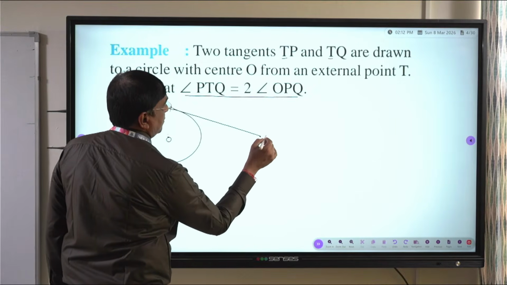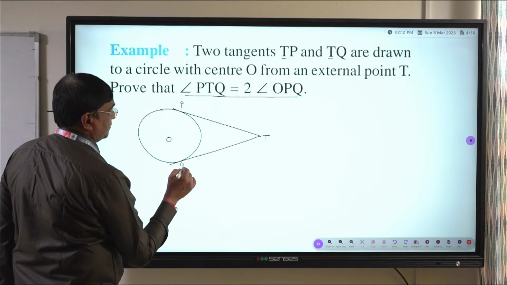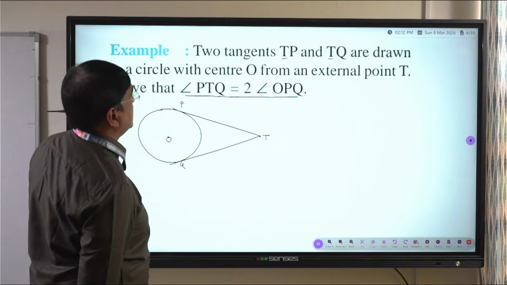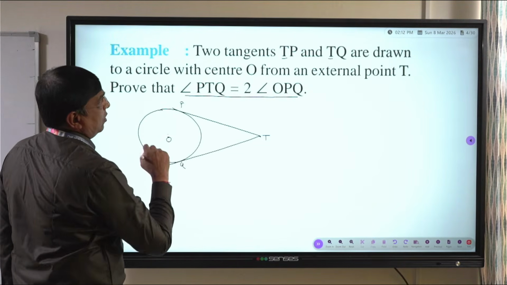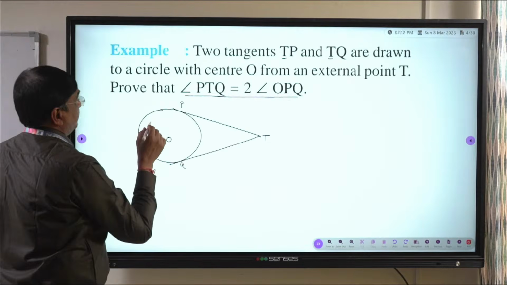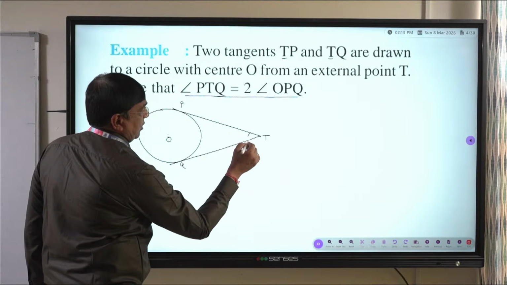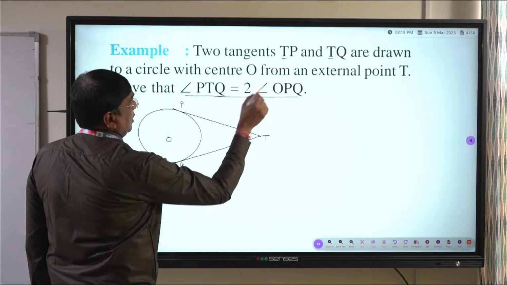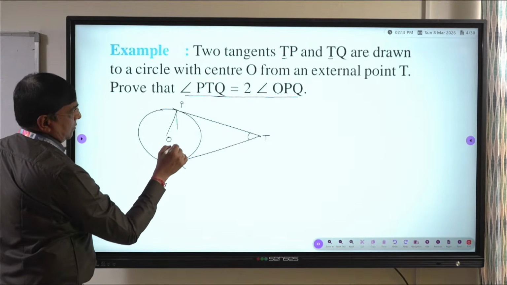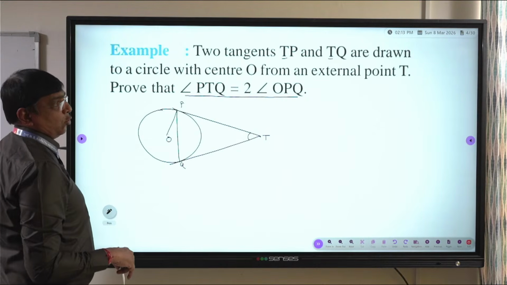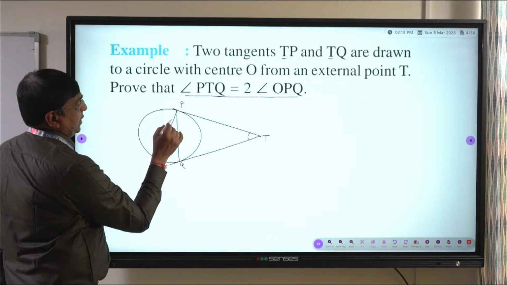So TP and TQ are two tangents drawn from the external point T to the circle with center O. Prove that angle PTQ, meaning this angle, equals twice angle OPQ, that is this angle.